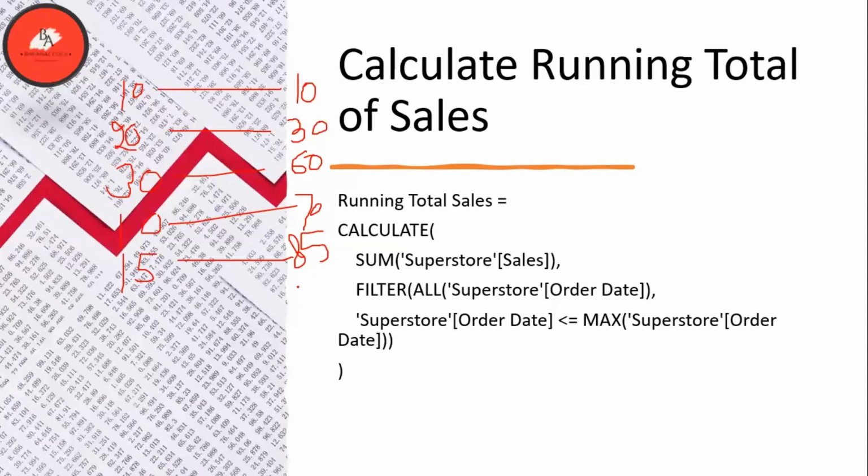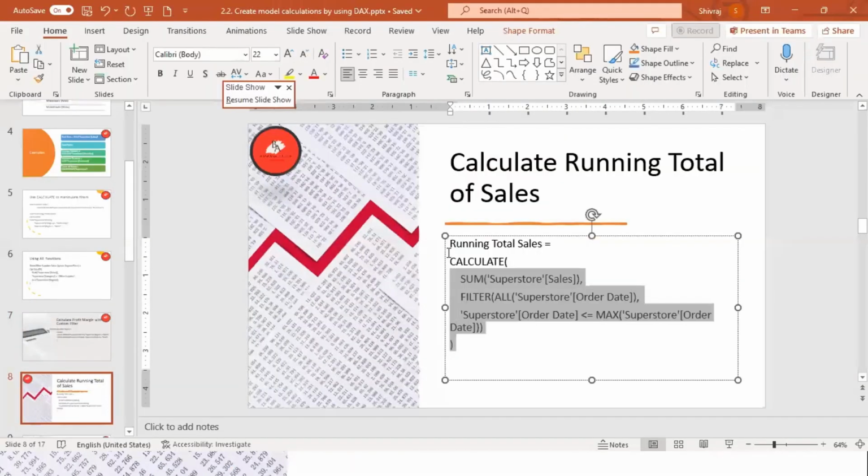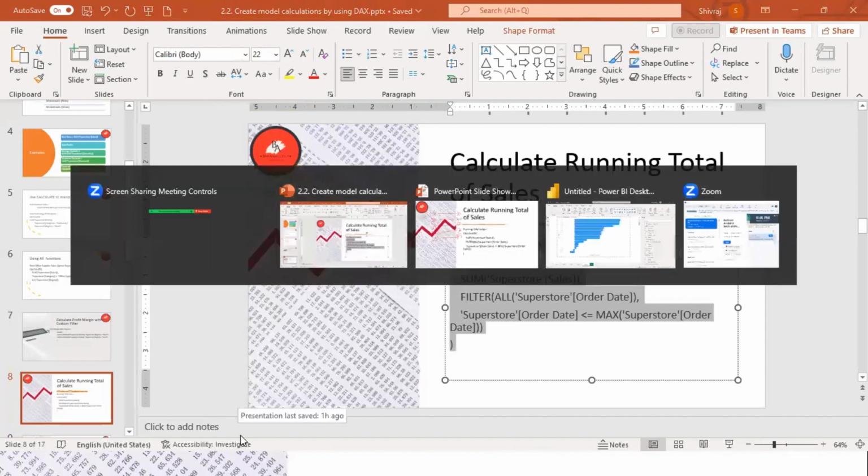This running total will tell you, up to what date, what the total sales are. You don't need to calculate through your filters and all those things. So let's calculate it. Let me share it also in the chat box, and use it in Power BI also.